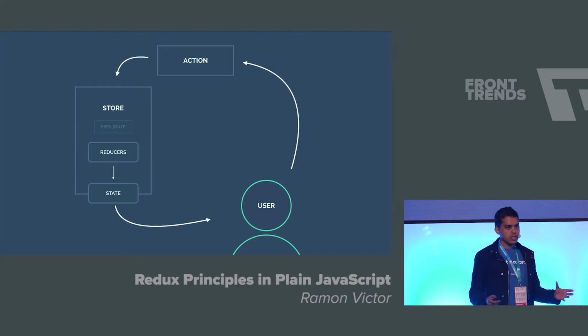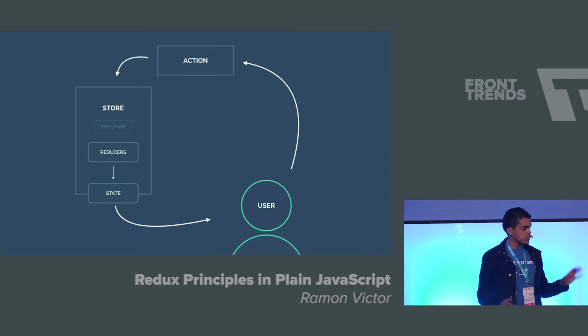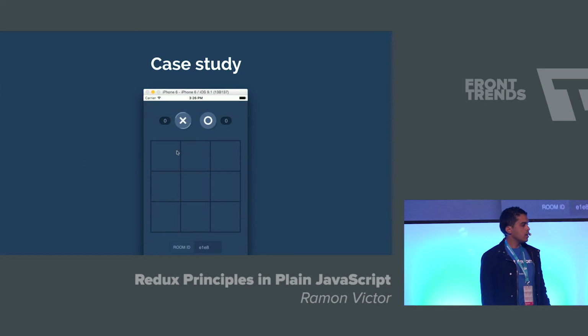So when you combine these ideas, you have this kind of unidirectional data flow where everything starts from an action that goes to the store, updates the state by running some reducers inside the store, and that comes back to the user with a UI change. That's pretty much the idea.